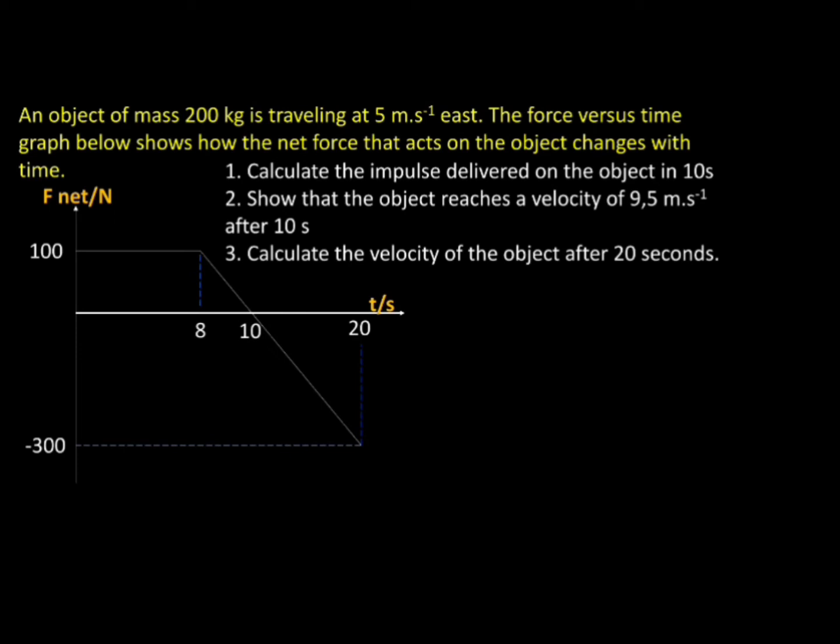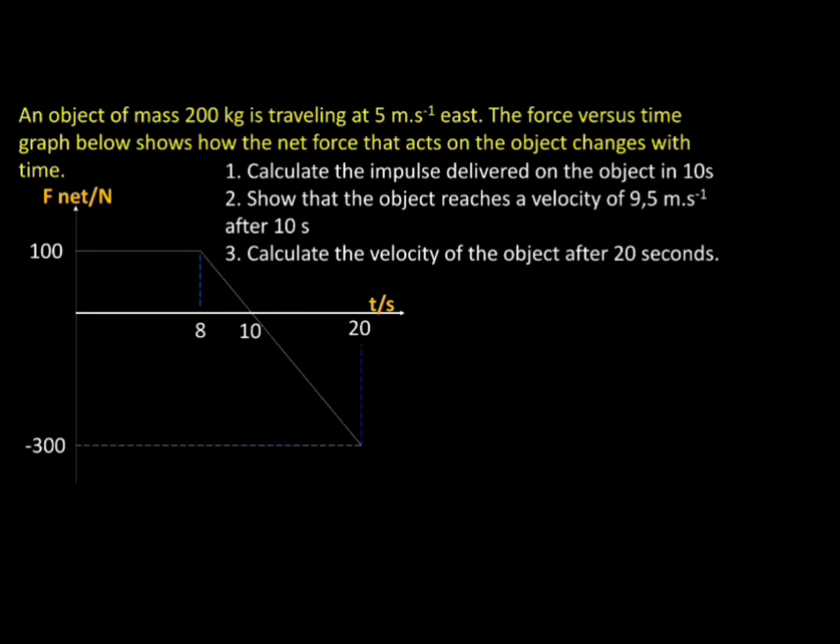Question 1 says, calculate the impulse delivered on the object in 10 seconds. Question 2, show that the object reaches a velocity of 9.5 meters per second after 10 seconds. Question 3, calculate the velocity of the object after 20 seconds.